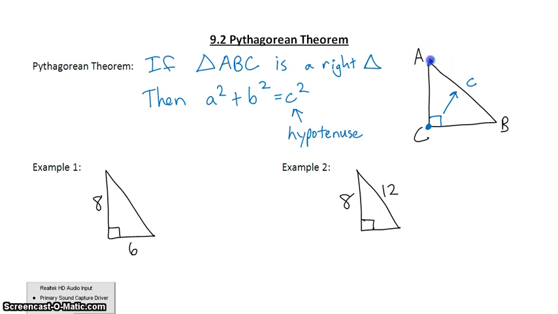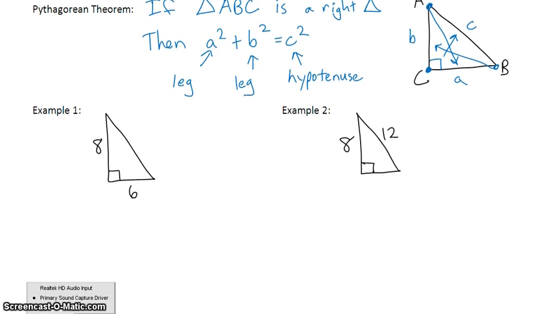If we follow vertex A across the triangle, we get lowercase a, side A, one of the legs of the right triangle. And if we follow vertex B across the triangle, we get lowercase b, the second leg in the right triangle. So how do we use the Pythagorean theorem?